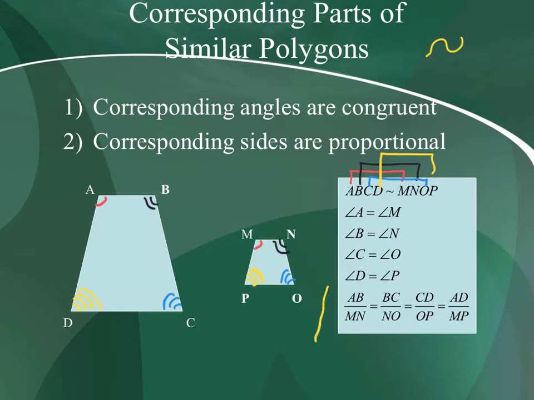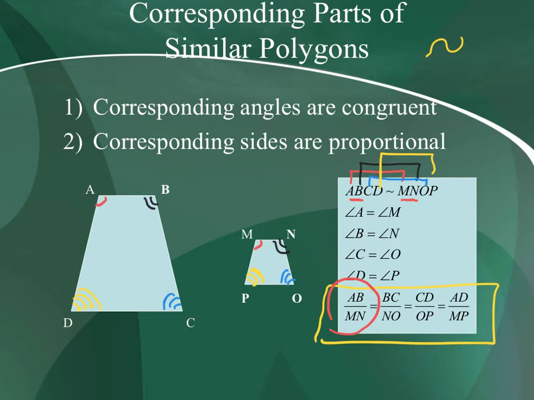This is called the statement of proportionality, where they take each of the corresponding sides and they match them in a ratio. So notice the first two letters were AB, and they're matching them in the same ratio with MN. So I'm not going to add congruency marks to my picture because they're not congruent, they're just proportional. So that's why you write them in a ratio form or in a fraction form.